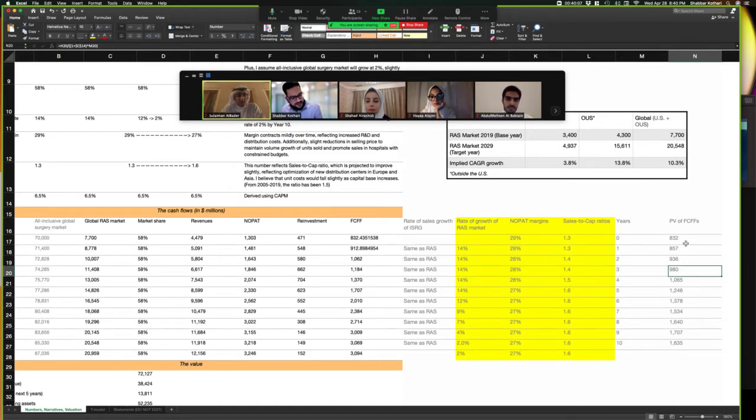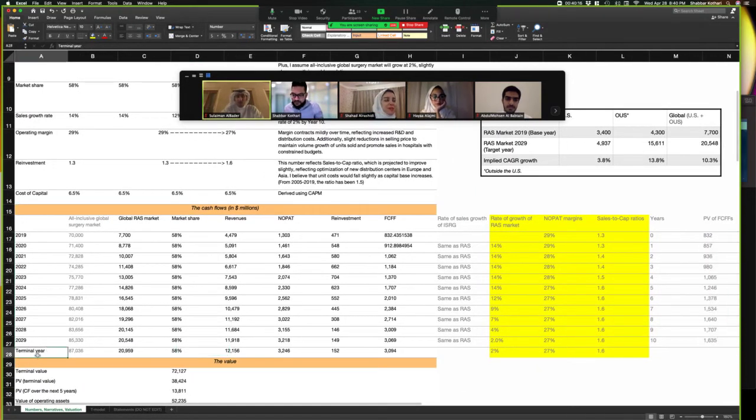Okay, now that we've seen how the discounted free cash flows over 10 years are going to work, we come to the last part of any DCF, which is the terminal year. So we say, once again, the terminal year free cash flow is this. You guys can look at the cell to see how I came up with it.